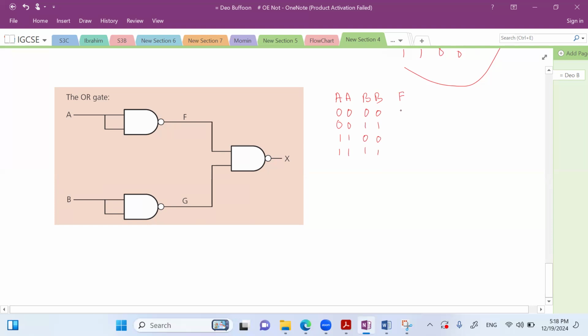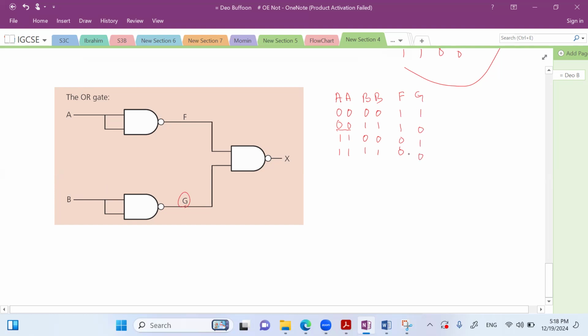In the NAND gate, the two zeros would be a 1. Great. Now this one: 1, 1, 0, 0, 0, and 0. Again, if we solve this G, the output will obviously be 1010.